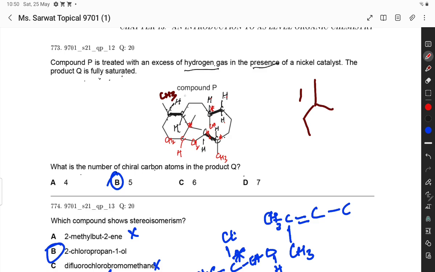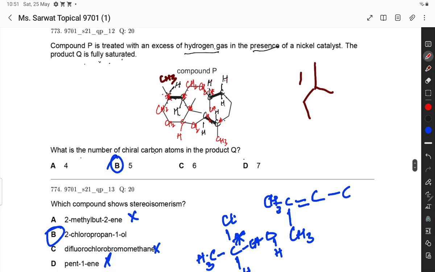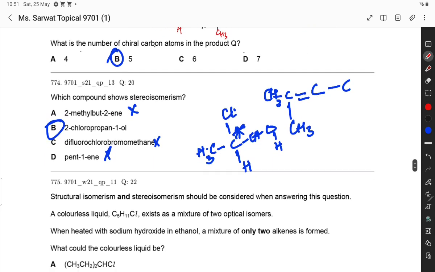So this is not a chiral carbon, this is a chiral carbon. This is a chiral carbon. 1, 2, 3, 4 and 5. This is not a chiral carbon. This is also not chiral. This is also not chiral. So 5 chiral carbon atoms are there in the product Q.